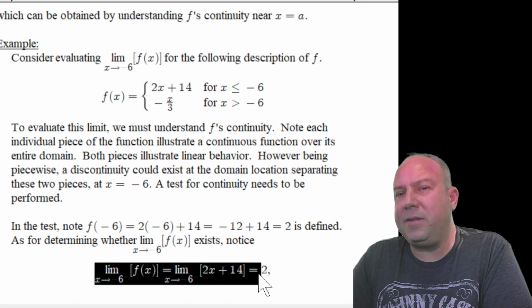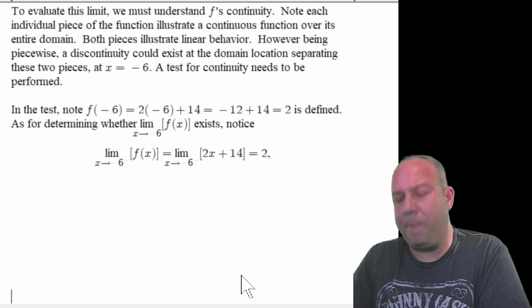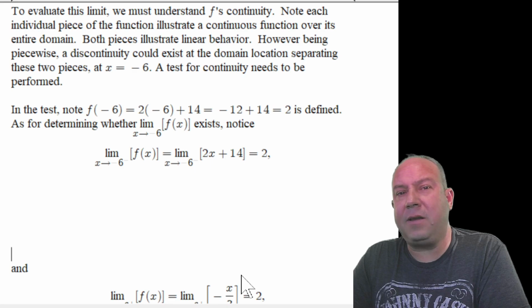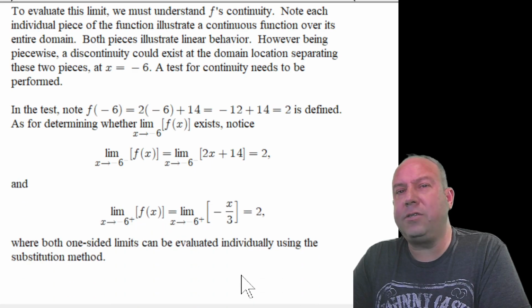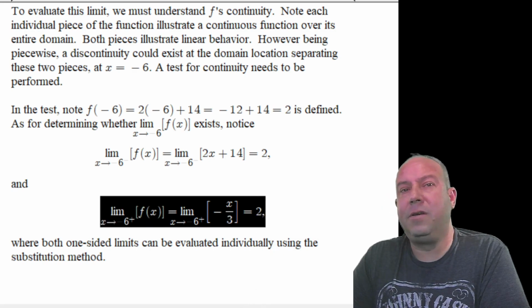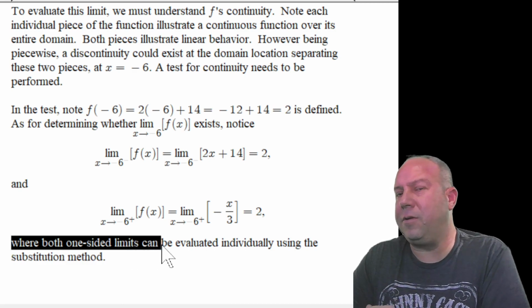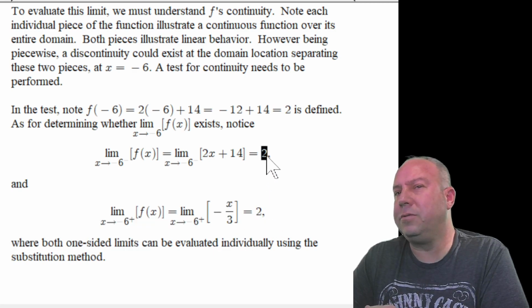Because when we think about the left-hand approach, which would equal that +2 through substitution, and we think about the right-hand approach, which also equals +2 through substitution, both yield the same corresponding value, that corresponding value of 2.